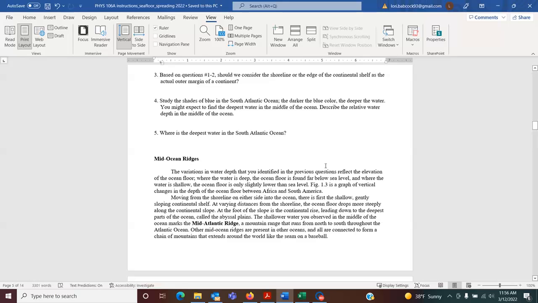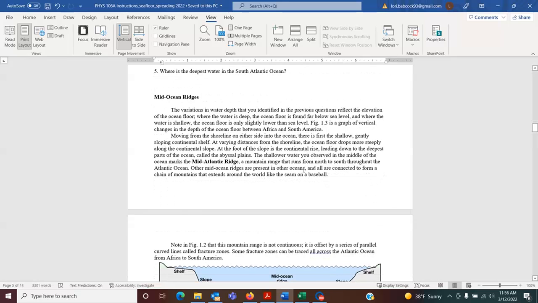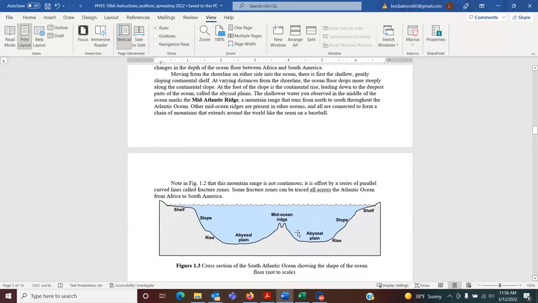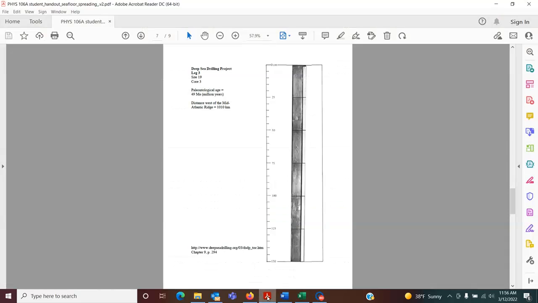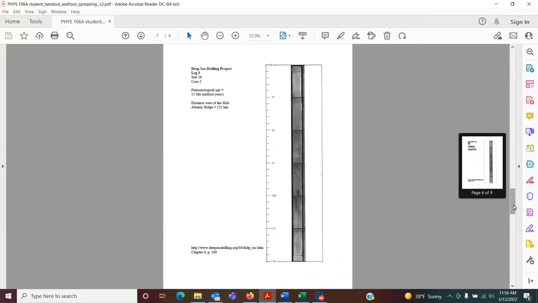And then still using this image, either from this Word document, or I would suggest you use the PDF and zoom in, because what we need to do is zoom in on the mid-ocean or mid-Atlantic ridge, another way of saying the same thing. And you're going to be looking at the zigzag patterns.